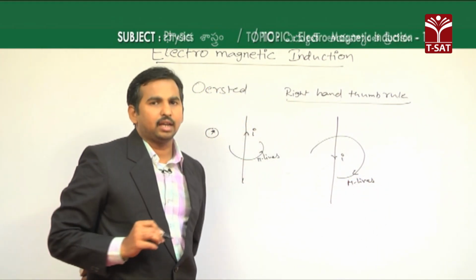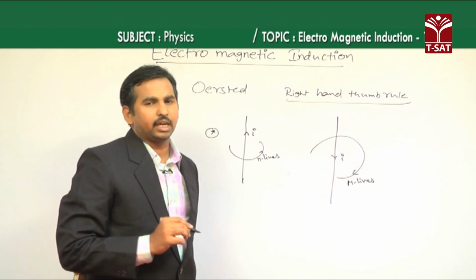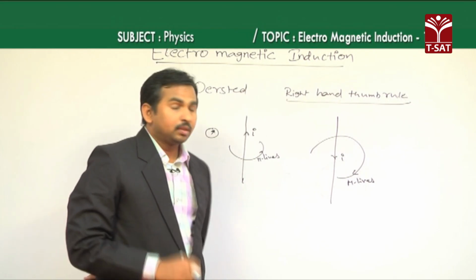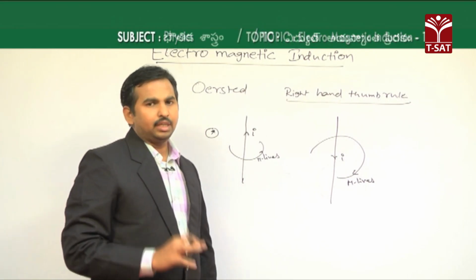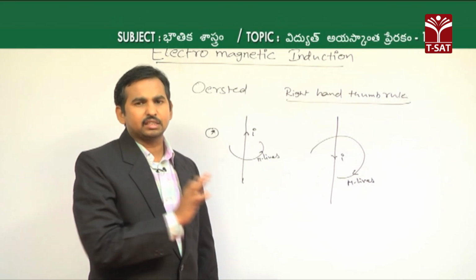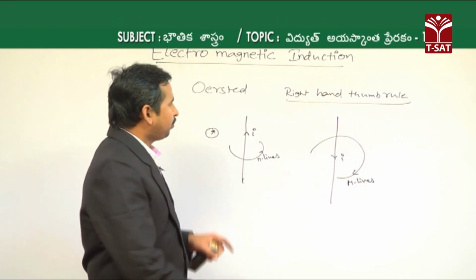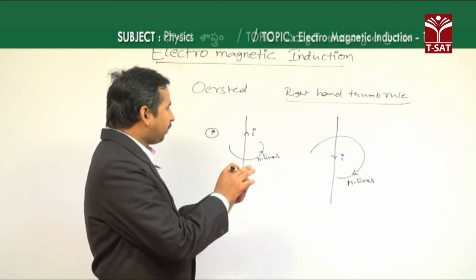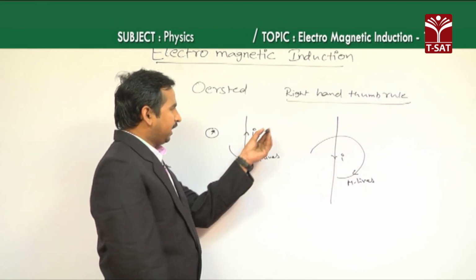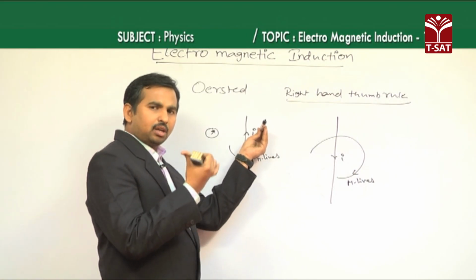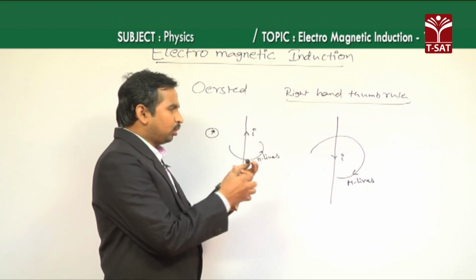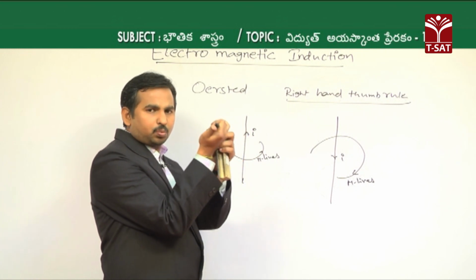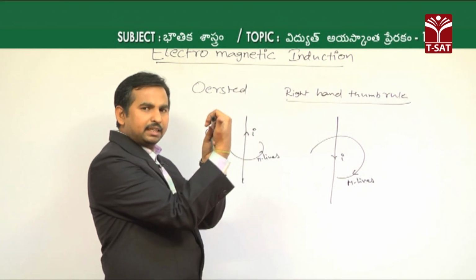This is called the right hand thumb rule, which gives you the direction of magnetic lines of force around a current carrying wire. In the same way, suppose the current carrying wire is coming out of the plane, let us assume this board is our plane, and the wire is coming outside like this. Then according to the rule, we hold the thumb in the direction of current, pointing towards you, and we curl the fingers like this.